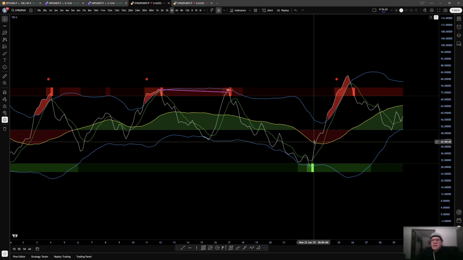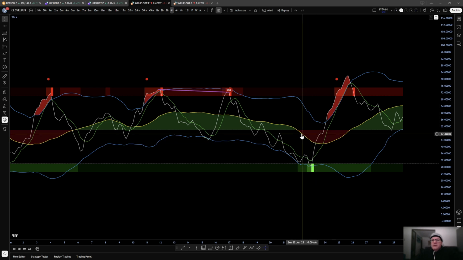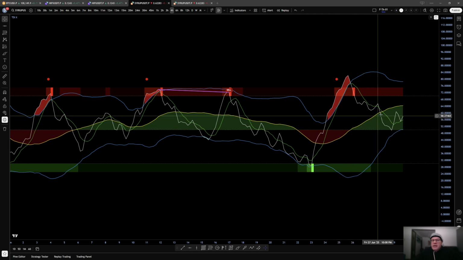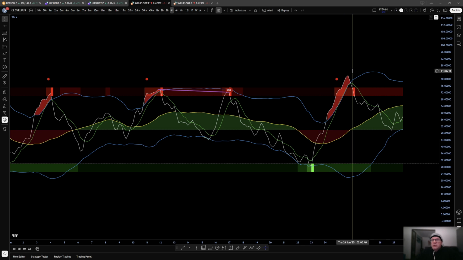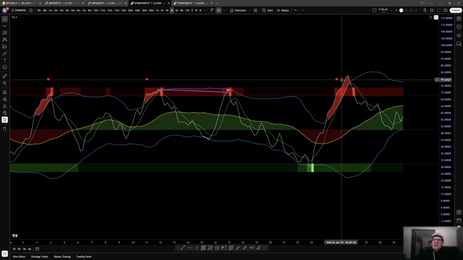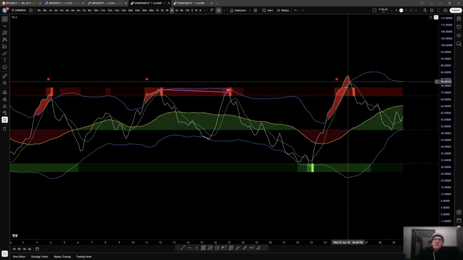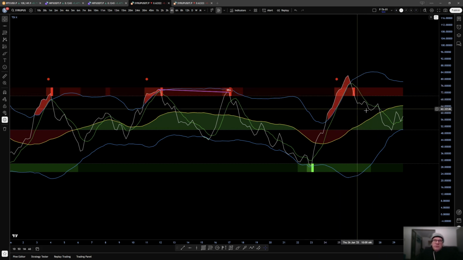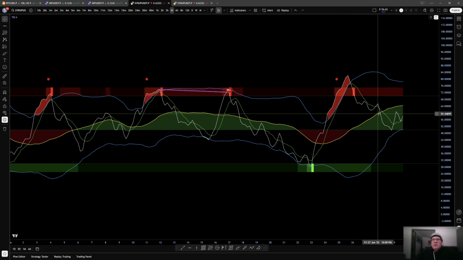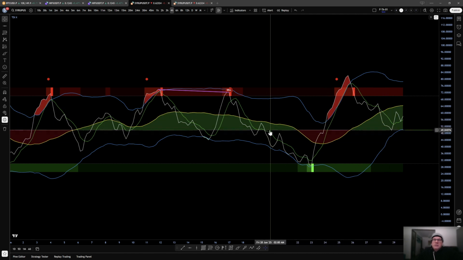Whenever it crosses above, especially immediately after it crosses above this middle band, which is this yellow line, like the edge of the money flow, this time period is bullish until you get a shark fin or a super shark fin. It can be bullish, and really it's bullish as long as it's above. But when it crosses below that middle band or the money flow line, then it's bearish.